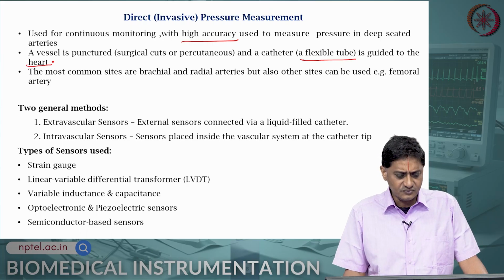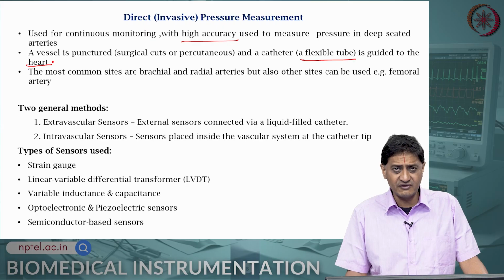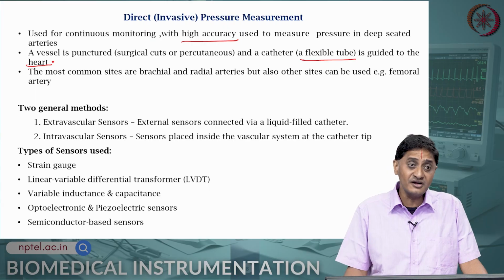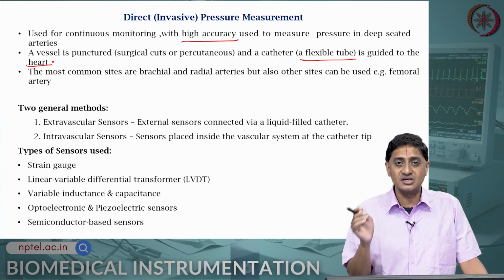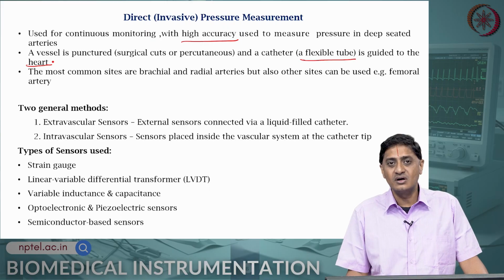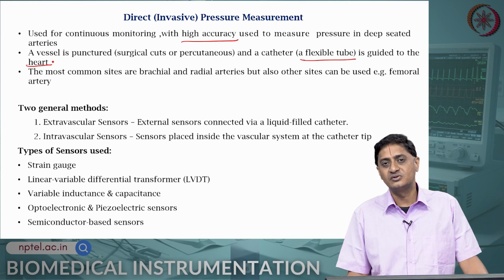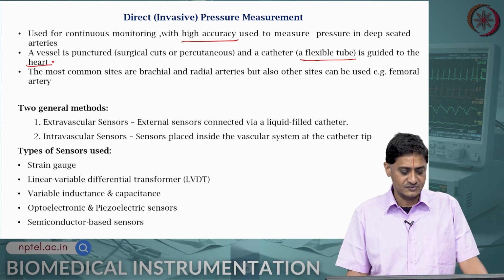Now, this comes with the advantage that you have high accuracy and near real time measurement. What is the disadvantage? Well, the disadvantage is that you are essentially puncturing an artery. So, all the risks that come with an invasive procedure also apply to this method.